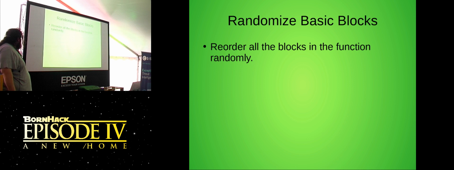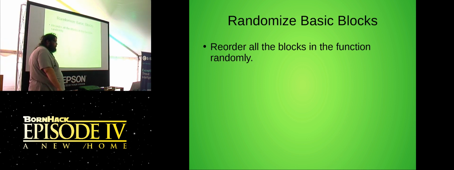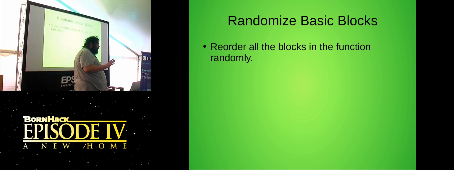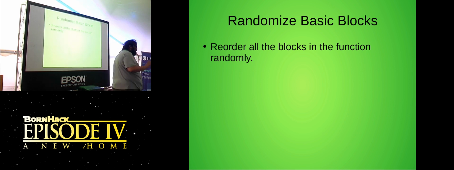Then you can also randomize the order of the basic blocks, and against what you might think, this actually works really well because the assembler will process each basic block individually.